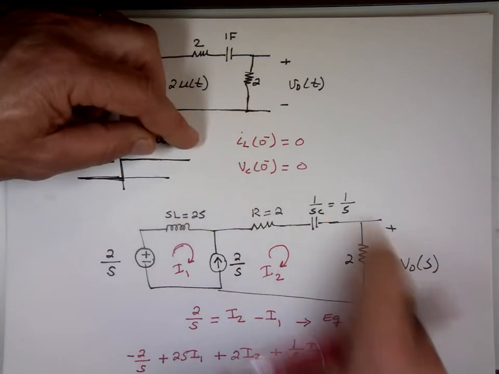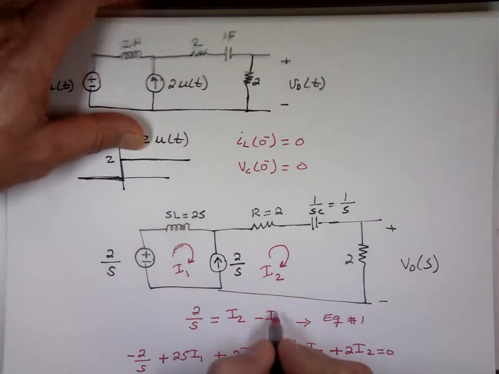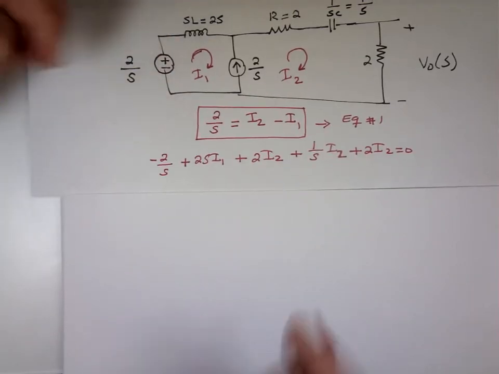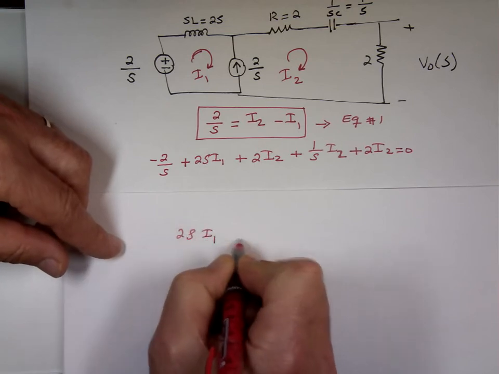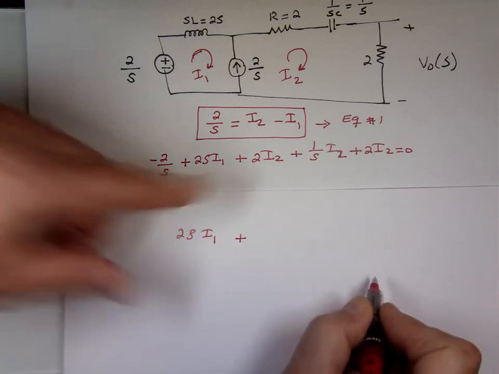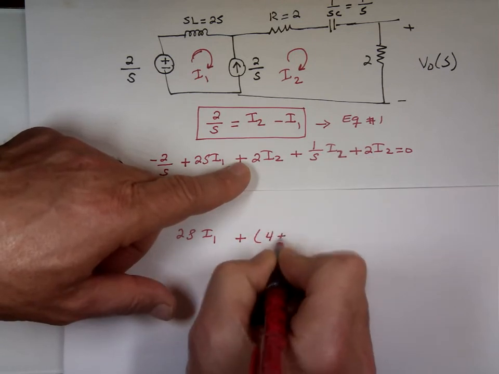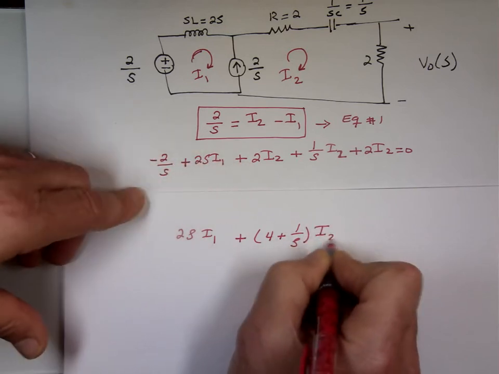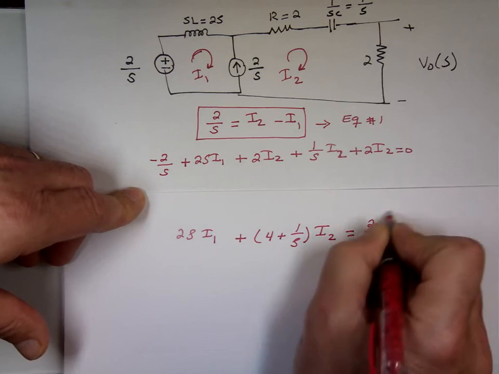I'm going on the outside. Cleaning that one up, I see 2S times I sub 1 plus 2 and 2, 4 plus 1 over S, so that's 4 plus 1 over S times I sub 2 is equal to 2 over S. And that's my equation number 2.